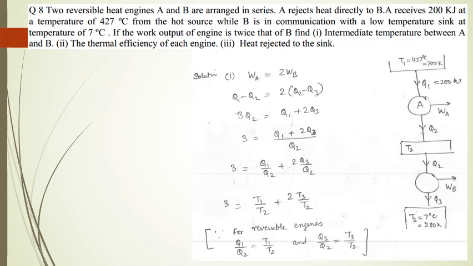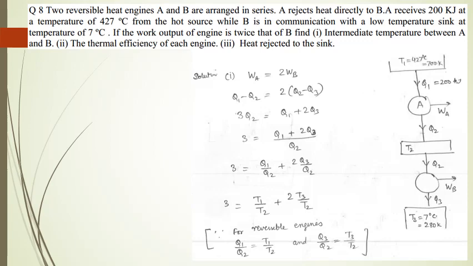As the condition has been given that work of A is equal to twice the work of B, we write Q1 minus Q2 is equal to 2 times (Q2 minus Q3), and that gives the result 3Q2 is equal to Q1 plus 2Q3. Dividing both sides by Q2, we get 3 is equal to Q1 upon Q2 plus 2 times Q3 upon Q2.